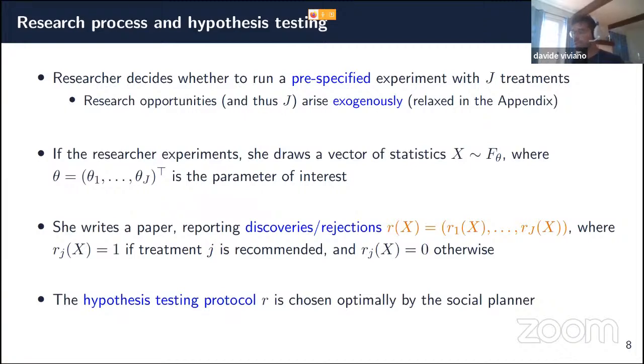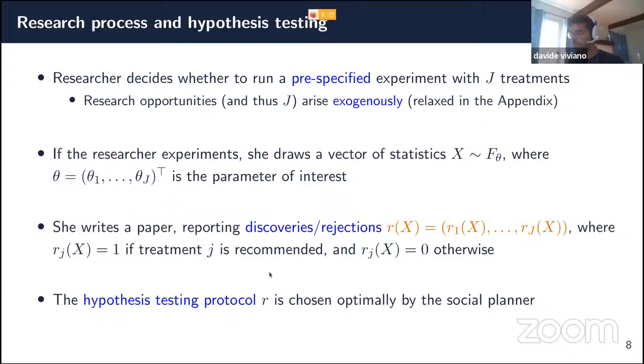You can think about this test as a one-sided test where policy j is recommended if it has a positive effect. Whenever we think about the positive effect of the policy, we are already incorporating in this framework also the cost that the policy will induce in terms of implementation. That is, we should interpret the parameter theta, the treatment effect, as the effect of the policy net of the cost of implementation.